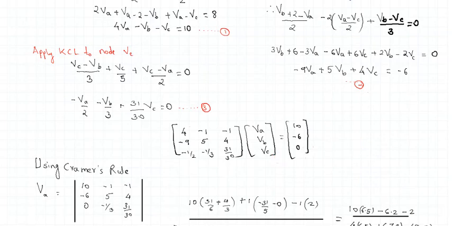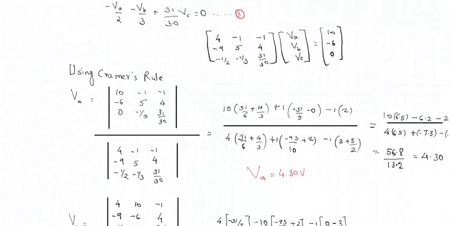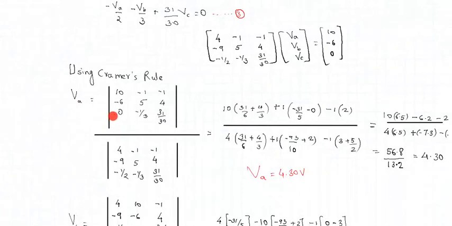Now you apply Cramer's rule. So what does Cramer's rule say? You already know this, but I'll just quickly tell you how to solve using Cramer's rule. You form the determinant of the matrix.